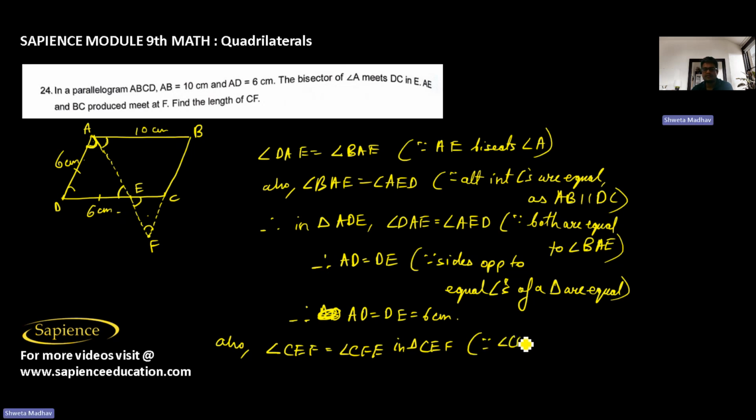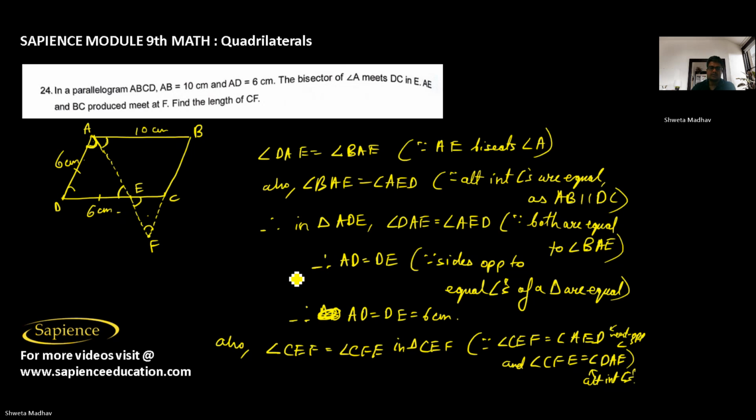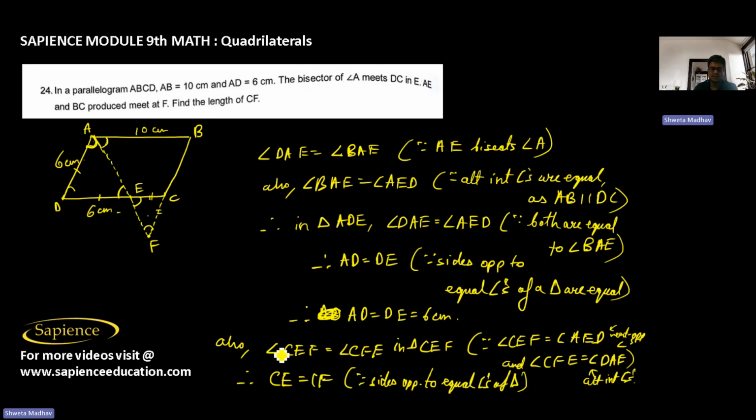So hence, these two sides are also equal. So therefore, now CE equals CF, since sides opposite to the equal angles of a triangle are also equal.